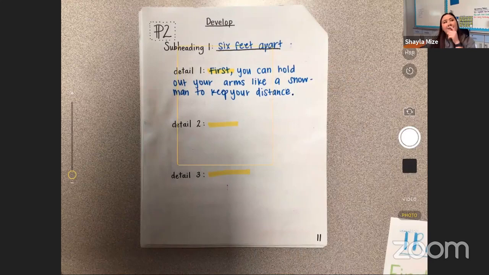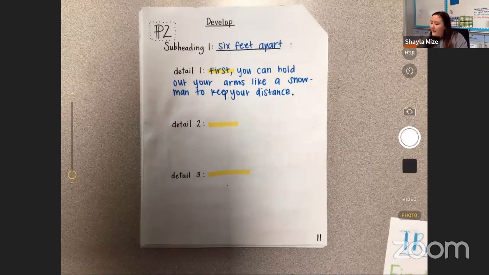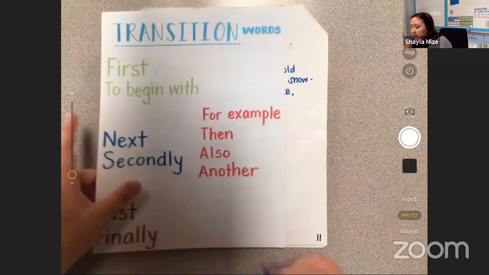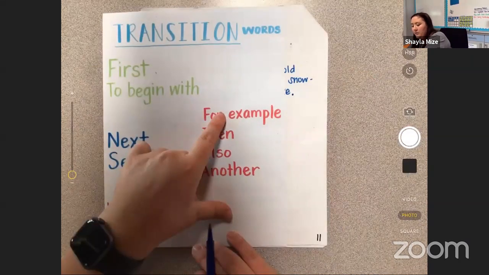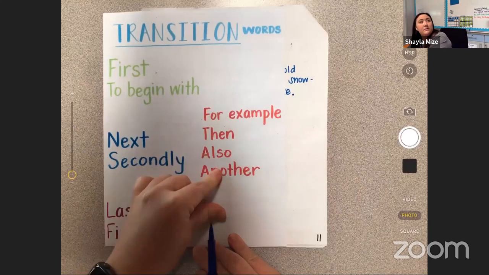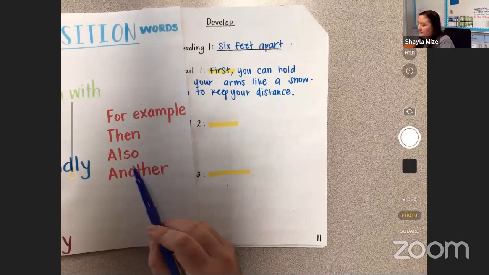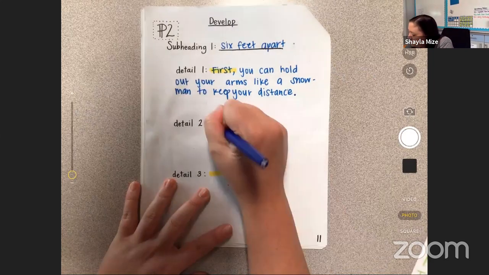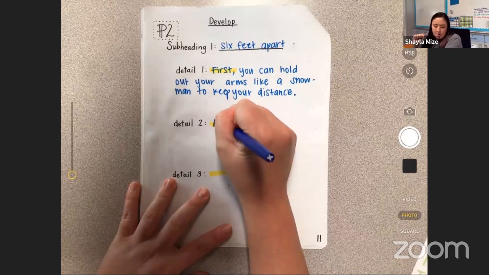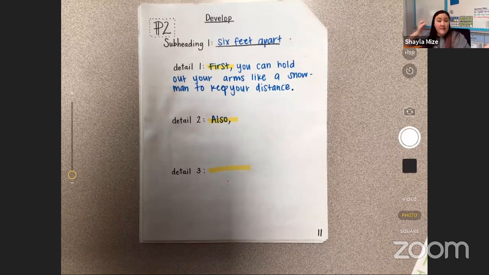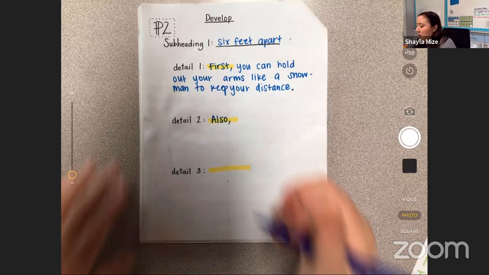My second detail. So I would then pull out a transition word. I did my first, now I'm going to pull out these guys. Okay. So my next one, I'm going to say also, comma. If you are sitting next to someone, you need to stay 6 feet apart.